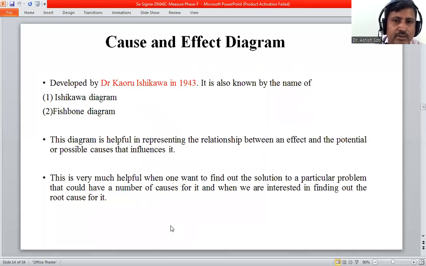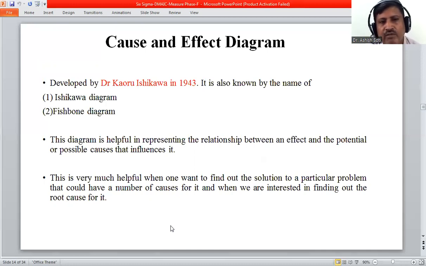Cause and effect diagram is another tool which is used to prioritize what CTQ is to be taken, and even it will start giving you solutions for the next phase, that is the analyze phase. And this was developed by Ishikawa in 1943. It is known as Ishikawa diagram or fishbone diagram or the cause effect diagram, all are the same.